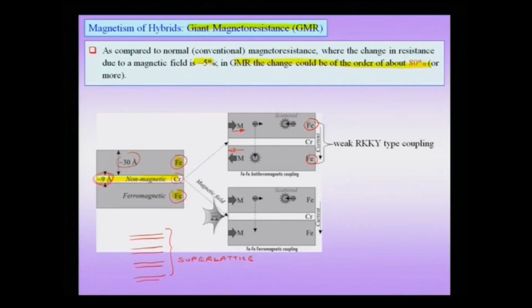I have chosen a configuration with the magnetization in plane, and there are other configurations where magnetization perpendicular to the plane is also possible, but the essential physics again does not change. So, in this case you have one magnetic layer which is pointing in this direction. That means, all the spins in this top layer are pointing to the right, while, ignoring the interface spins and surface spins which could be a little distorted, in this layer all are pointing towards the left.